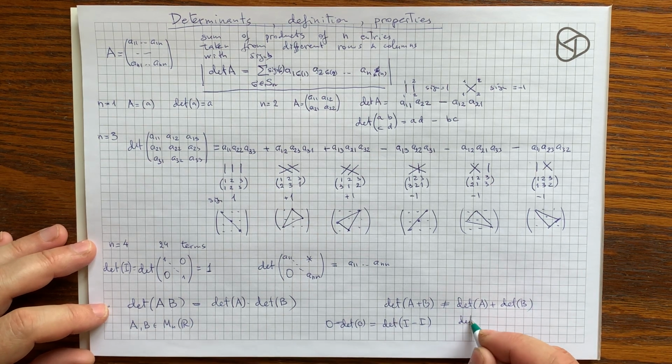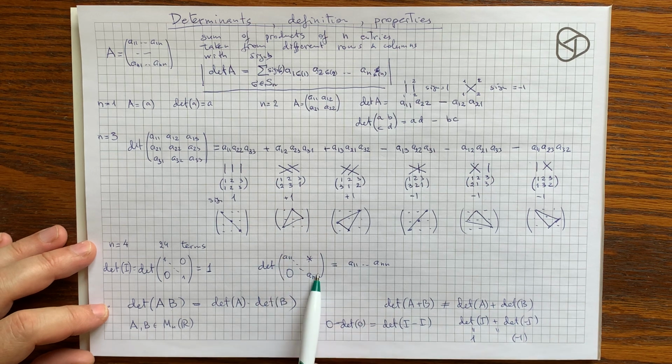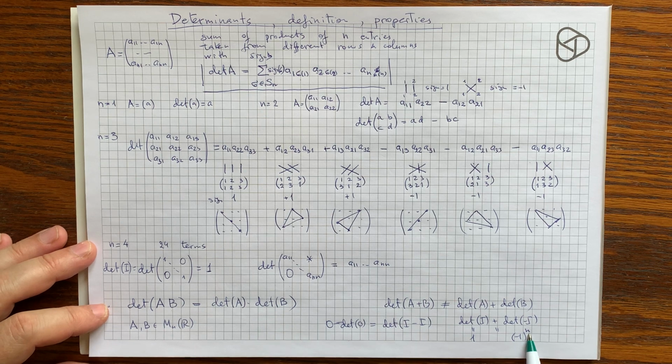But on the other side we have the determinant of the identity, which is 1, and the determinant of the minus identity matrix, whose non-zero entries are -1, -1, -1 on the diagonal, so we look at their product, of as many factors as the size.